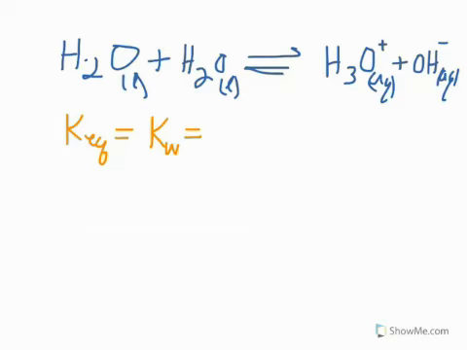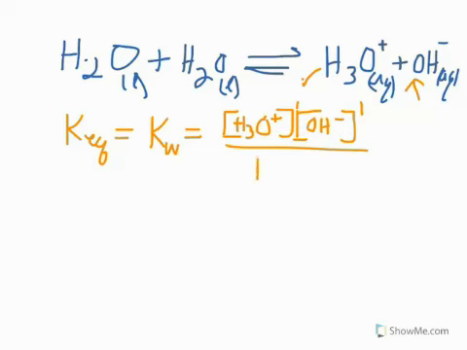And Ks are typically defined as the concentration of the products, in this case H3O plus, times the concentration of OH minus, to their stoichiometric coefficients. Well, the stoichiometric coefficient for OH minus is 1, so we don't normally put it in there, and for H3O plus it's 1, okay? Divided by the concentration of the reactants.